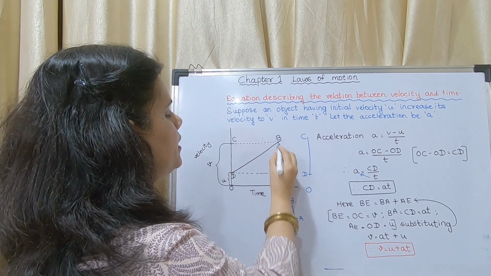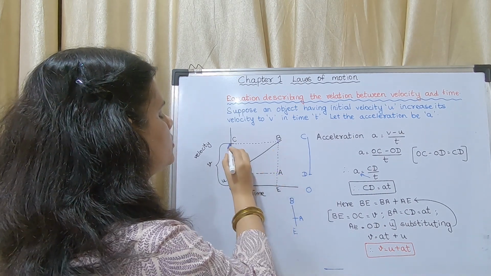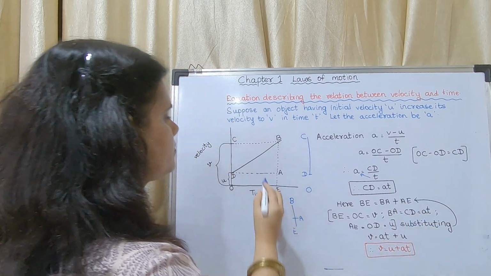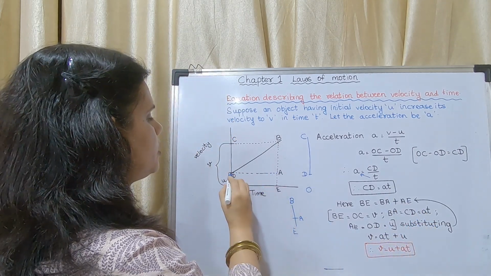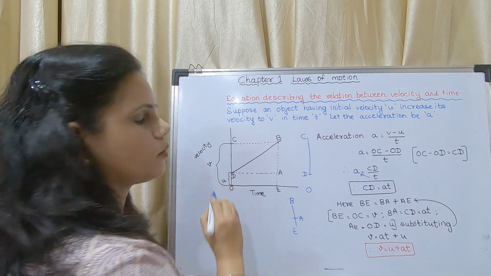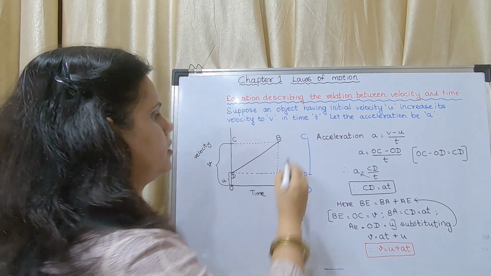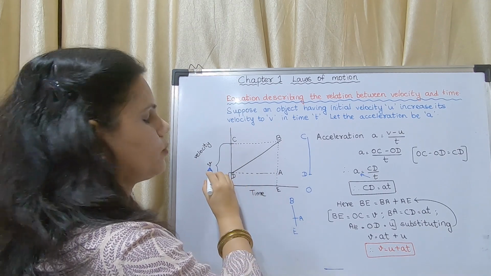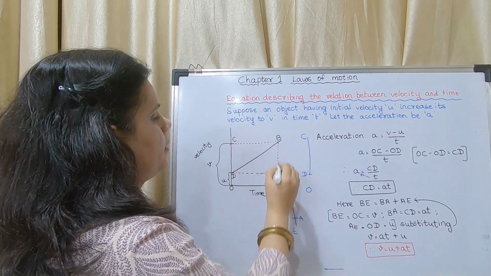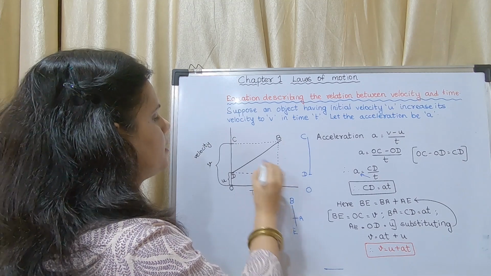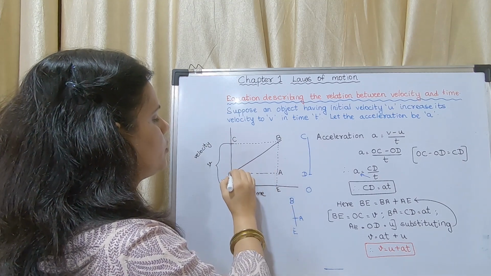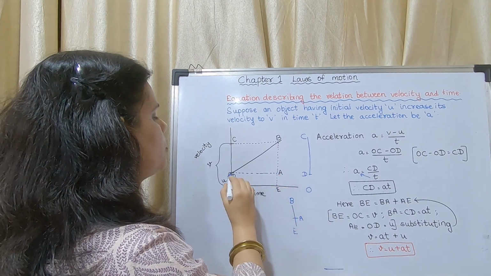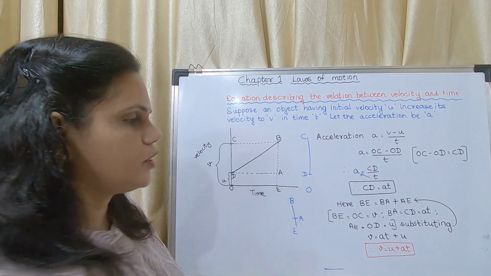BA is equal to CD, which is equal to at. AE is equal to OD, which is equal to u.